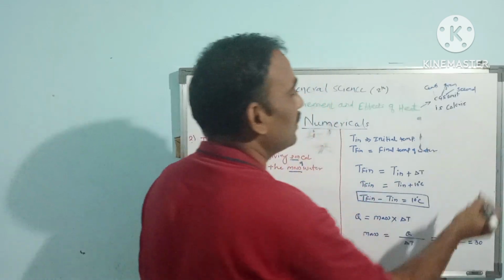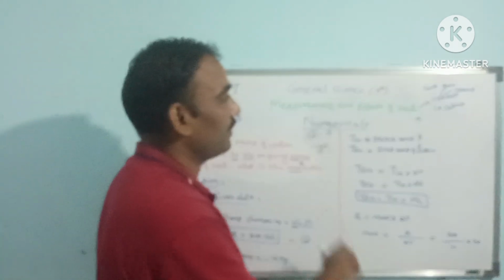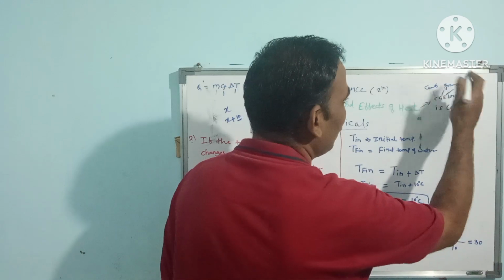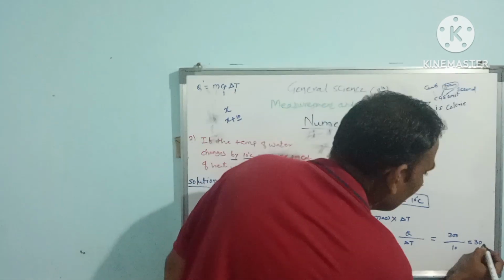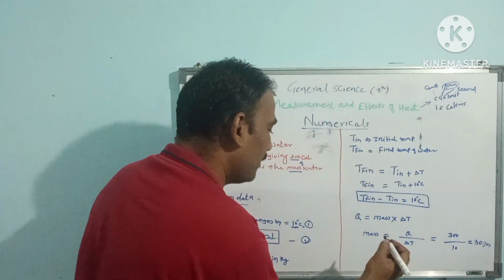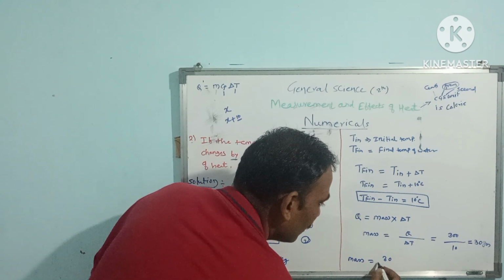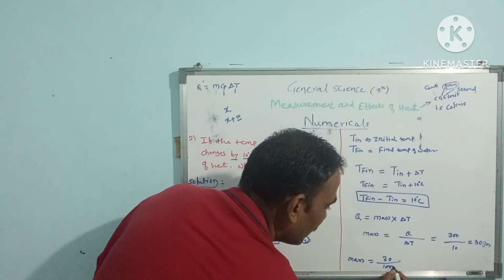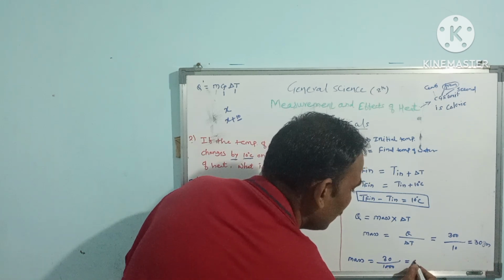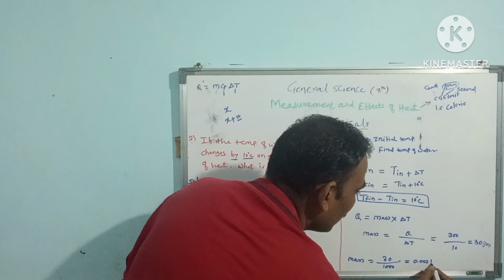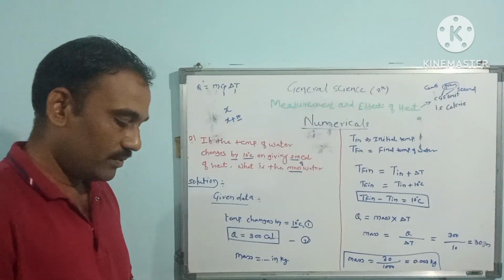So calorie is the unit of CGS system of heat, and that's why this mass will be in gram. We can convert that gram into kilogram by dividing 30 by 1000, and it will be equal to 0.03 kg. This is our final answer.